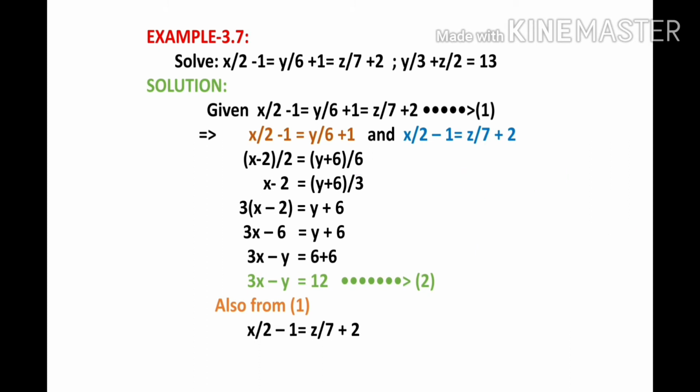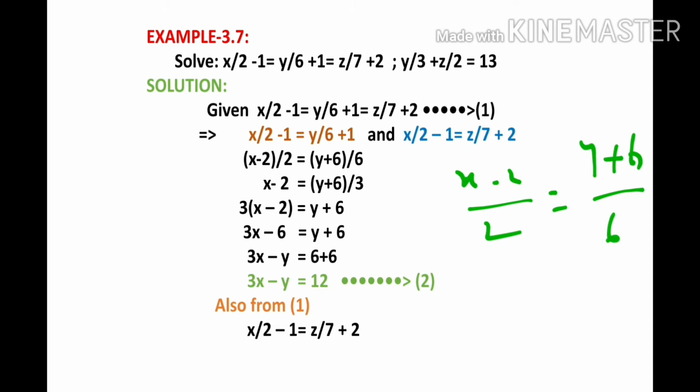I understand this. So now we have to simplify this. How can we simplify? 2 ones are 2, 2 threes are 6. What is remaining? x minus 2 is equal to (y plus 6) by 3. So I explain here, (x minus 2) by 2 is equal to (y plus 6) by 6.